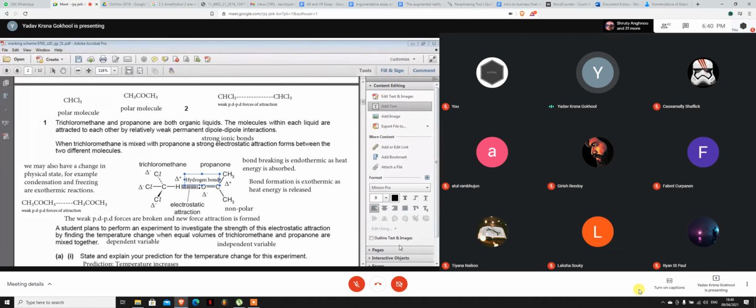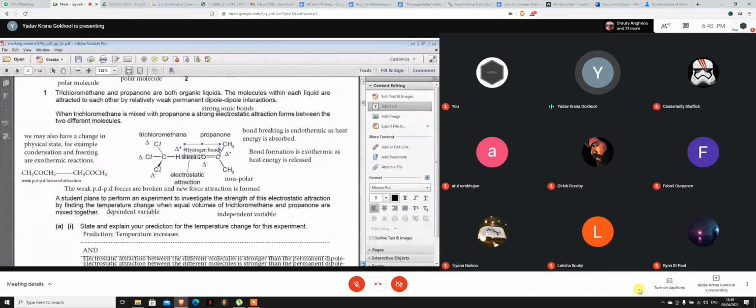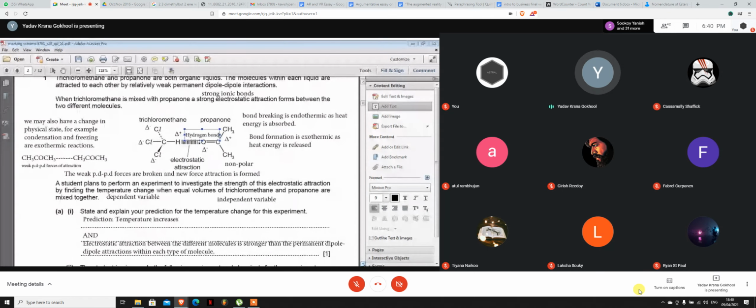Now, a student plans to perform an experiment to investigate the strength of this electrostatic attraction by finding the temperature change when equal volumes of trichloromethane and propanone are mixed together. Now, if the bonds which are broken were stronger than the bonds which are formed, then overall it would have been endothermic.